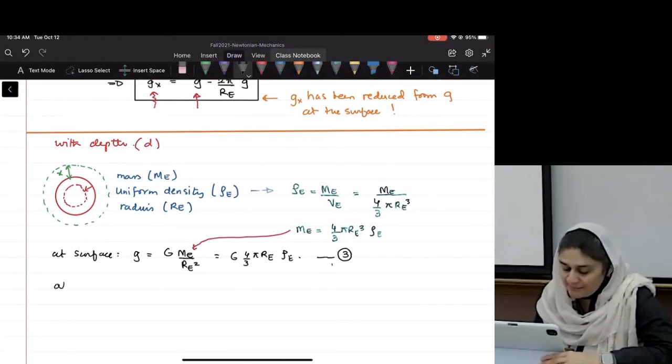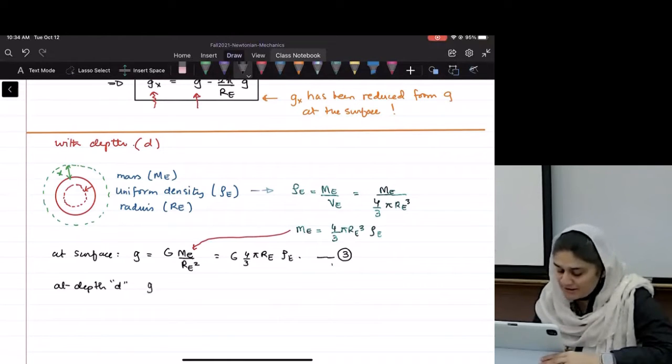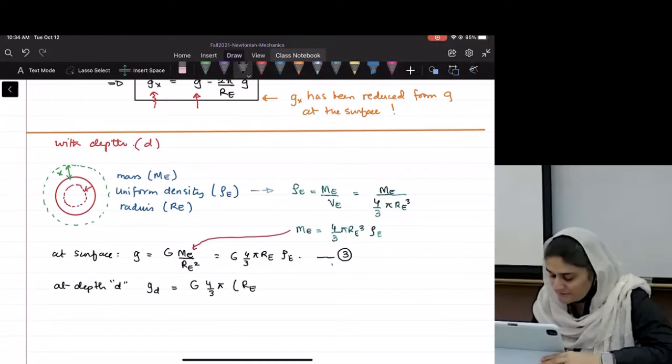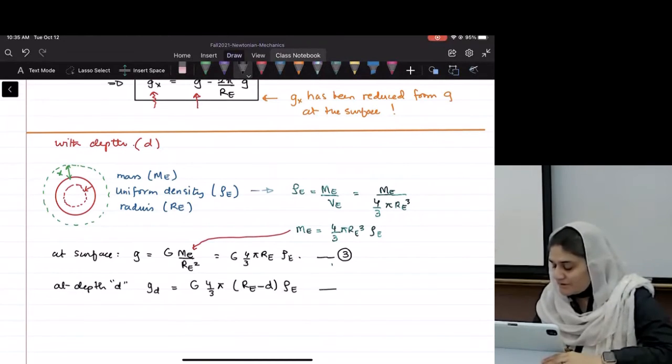Then at depth d, will my g_d become G 4/3 pi radius of the earth minus d rho E? May I call this 4? Okay.